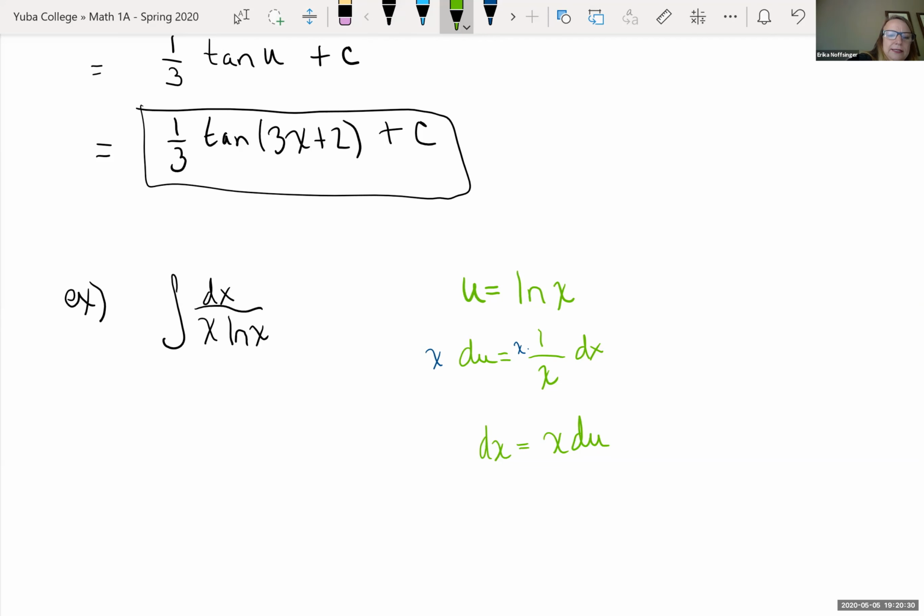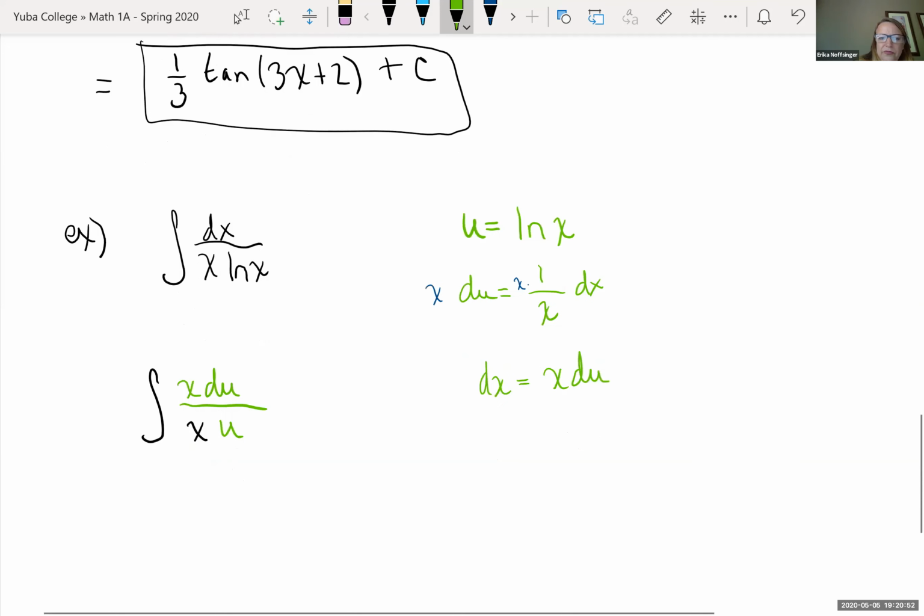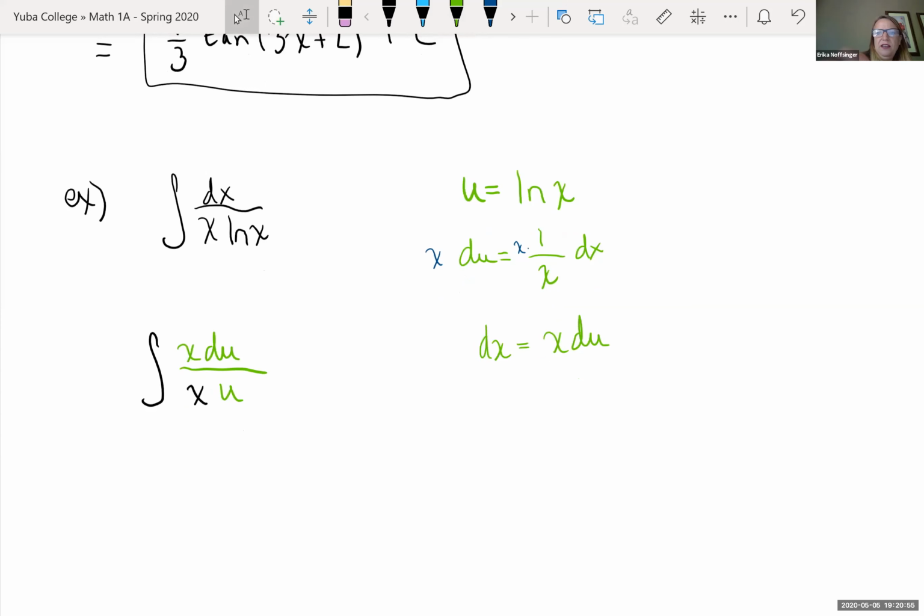Rewriting this, we have the integral of x du all over x times the natural log of x, but natural log of x is what we chose u to be. Notice things cancel and you just have this in terms of u, the integral of 1 over u du.